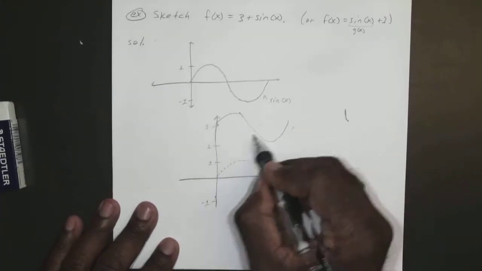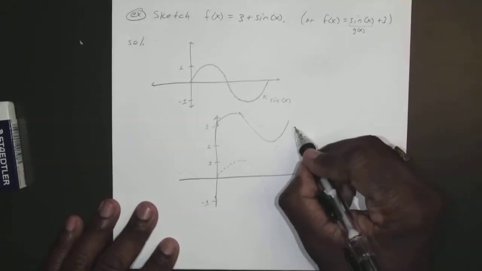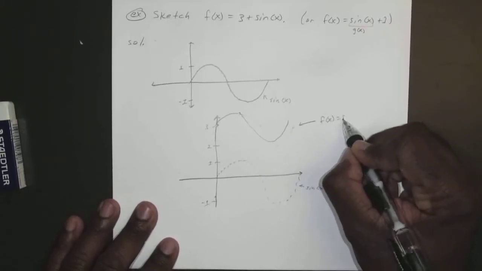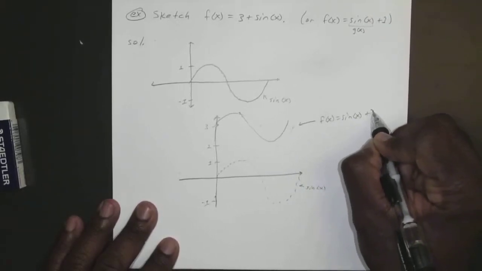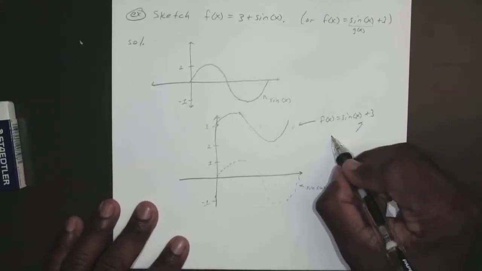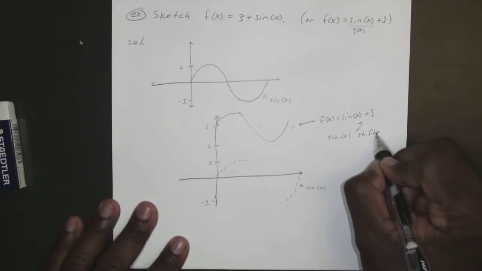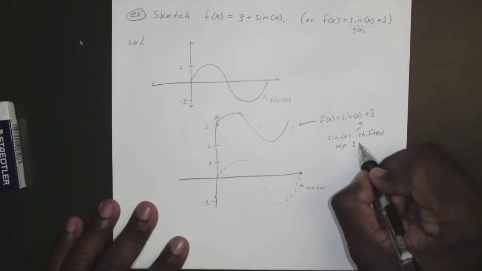Close enough. All right, so this f of x equals sine of x plus 3, which is just sine of x shifted up 3 units.